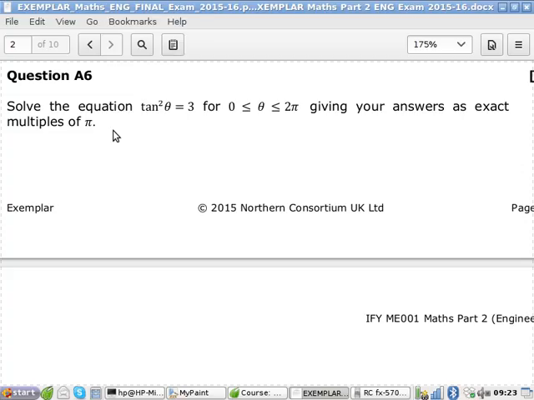So it's 2 times 2, 4 answers: 2 because of the square and 2 because of the theta. Radians.